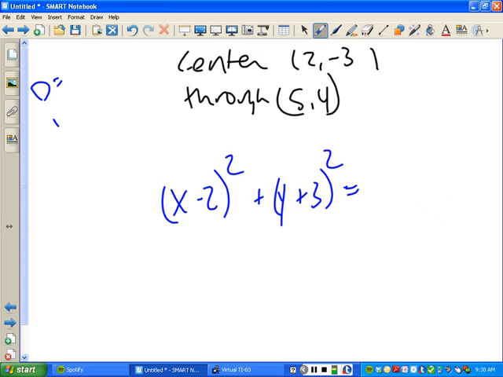But I think it might be the square root of (x2 minus x1) squared plus (y2 minus y1) squared. Is that right? Yes.